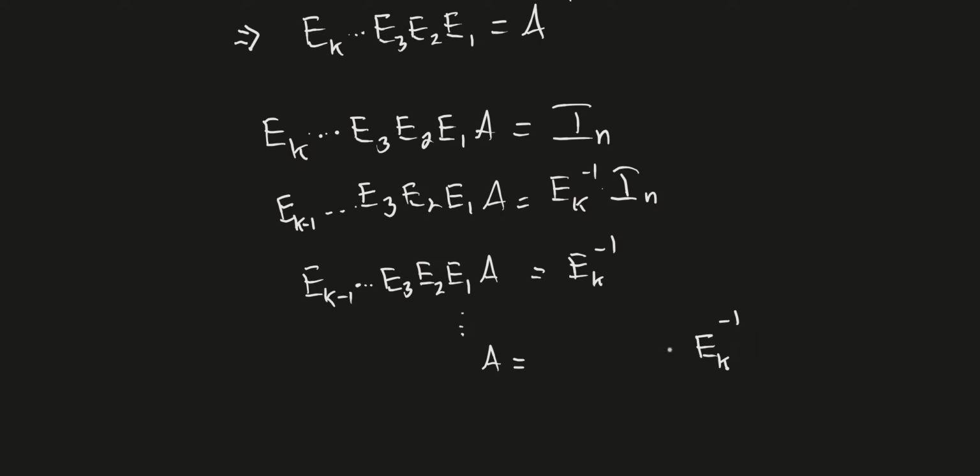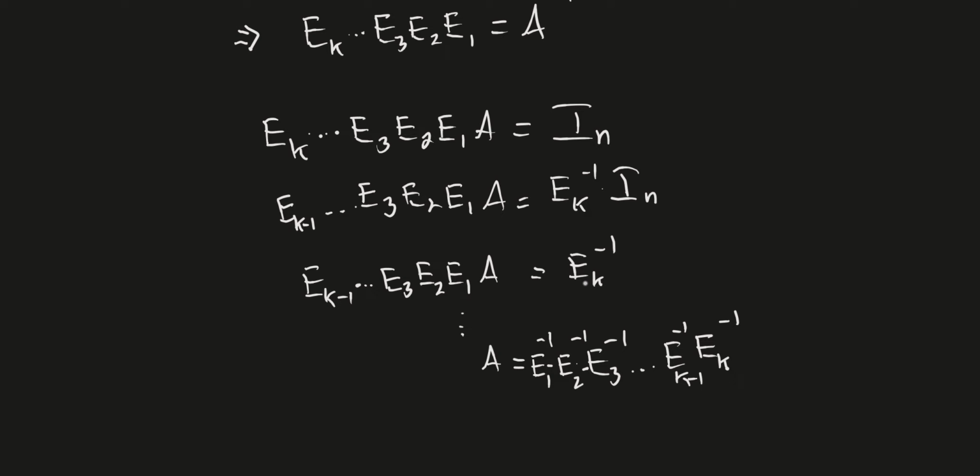Then in front of that I will have E sub k minus 1 to the negative 1. And then dot, dot, dot until I get down to E sub 3 to the negative 1, and then times E sub 2 to the negative 1, and then finally E sub 1 to the negative 1.